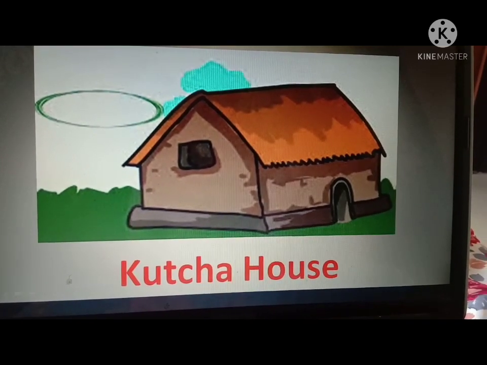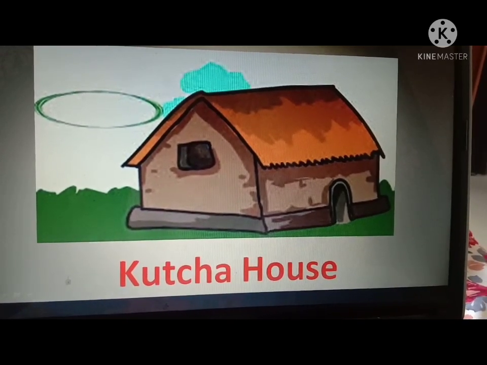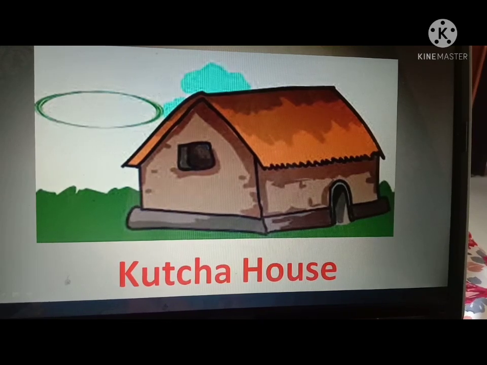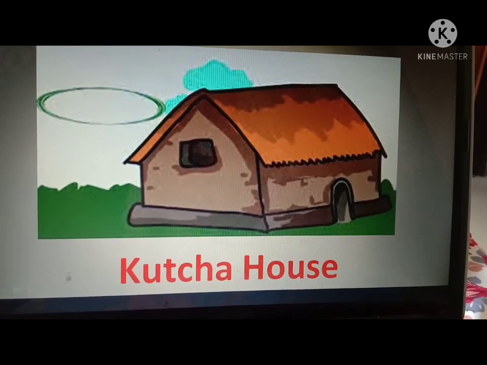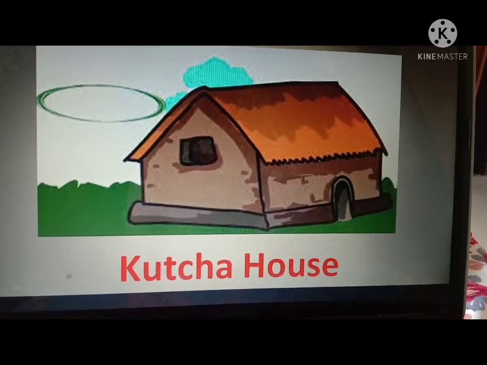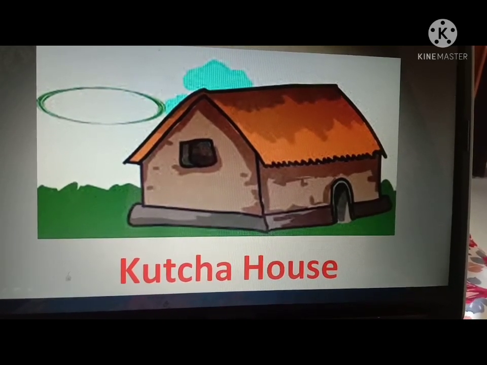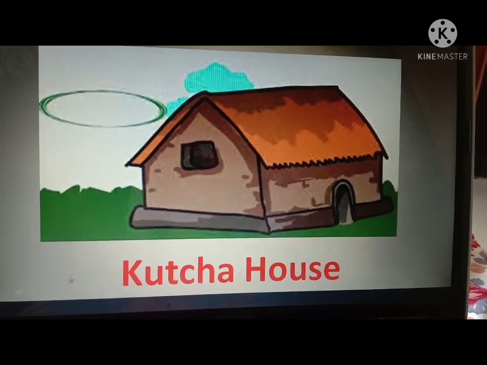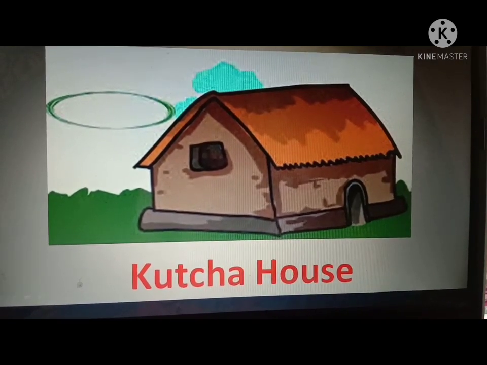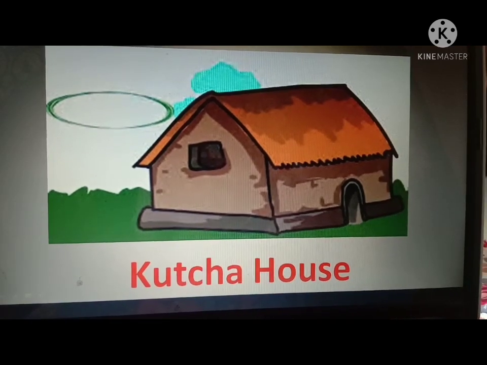It is an example of a Kacha house and it is made by using mud, straw, wood, stones, dry leaves. These houses are temporary and not very strong.